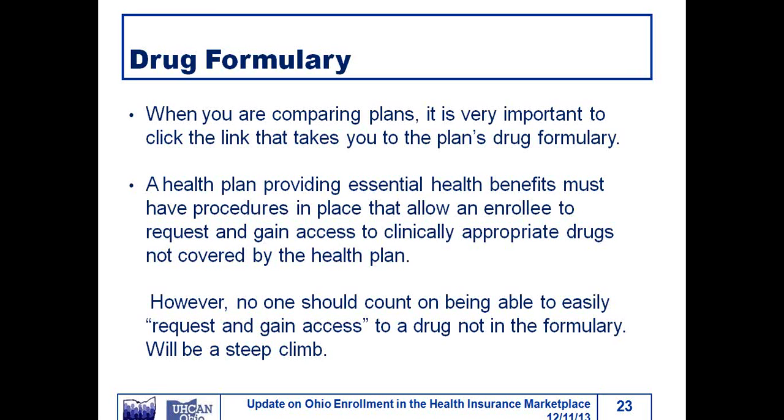When this is particularly an important provision, however, is when you choose a plan at one point in time, with one set of medical conditions, and later in the year something develops that wasn't even an issue at the time you chose the plan. And that would be a reason that you would perhaps need to seek an exception that would allow you to get a clinically appropriate drug.